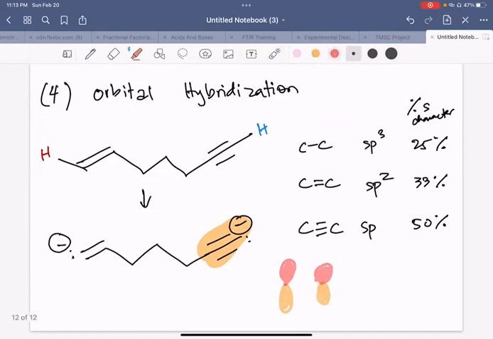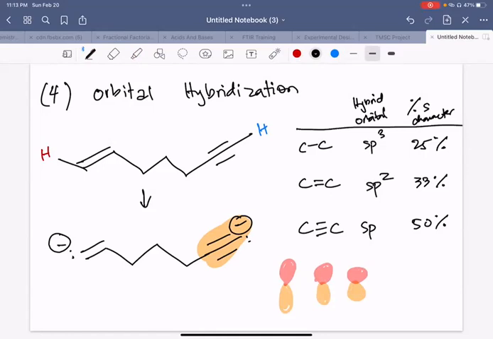And sp3, this is sp2 by the way, and sp is a little bit wider. In the orbital representation, the sp orbital is closer to the nucleus. These are the hybrid orbitals.